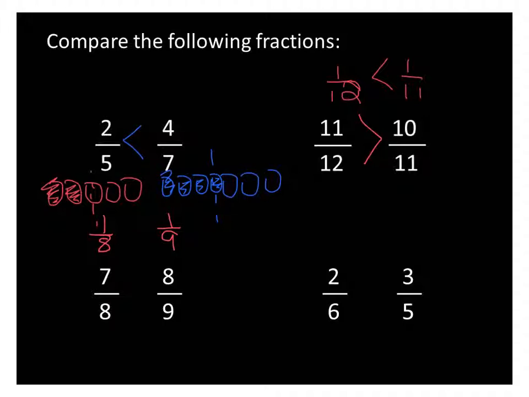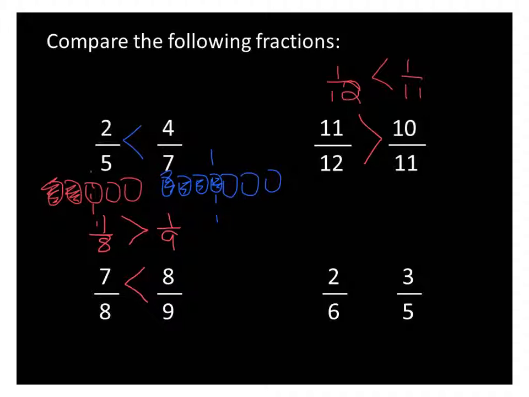So the bigger the denominator, the smaller the piece. I know that 1/8 is greater than 1/9. That's my bigger missing part. So the fractions have the exact opposite relationship. They have an inverse relationship. 8/9 is going to be greater than 7/8 because it has a smaller piece missing.